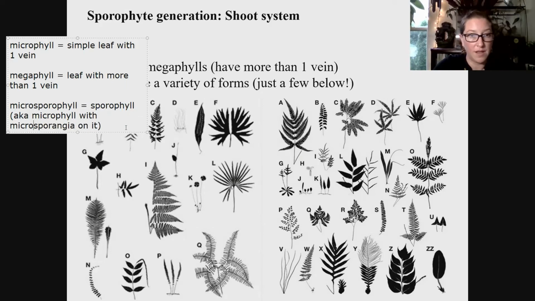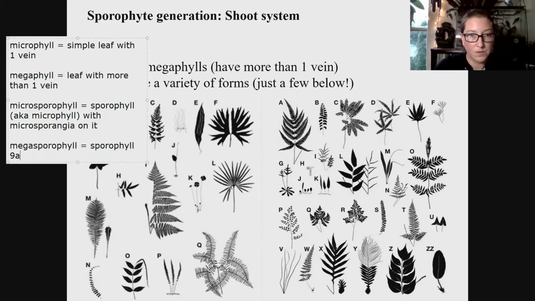And megasporophyll, which is a sporophyll, aka microphyll, with megasporangia on it.